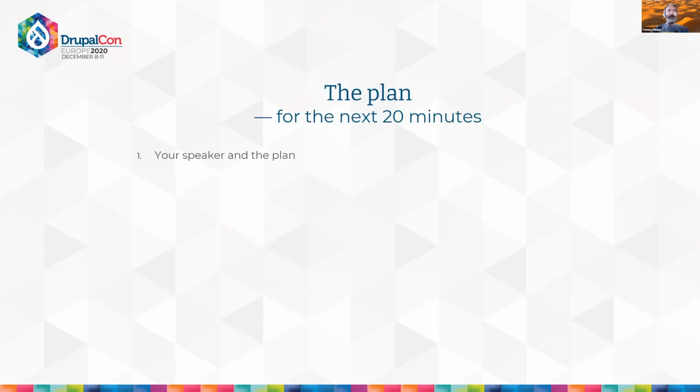What's the plan for the next 19 minutes? We've covered the speaker and the planning. I'll explain what the aims of this presentation are. I'll introduce Gatsby as a member of the Jamstack family. I'll talk about the complementarity of Gatsby with Drupal.